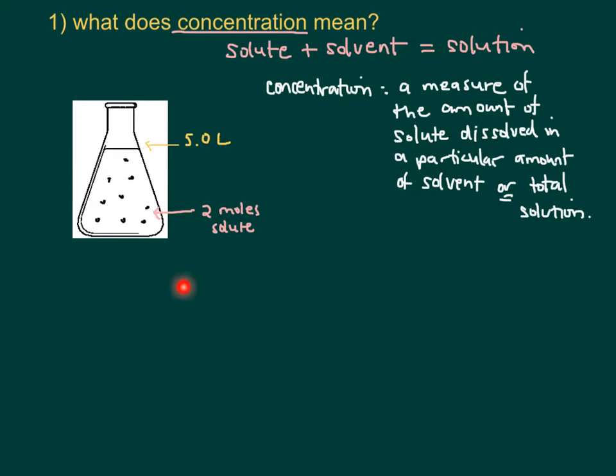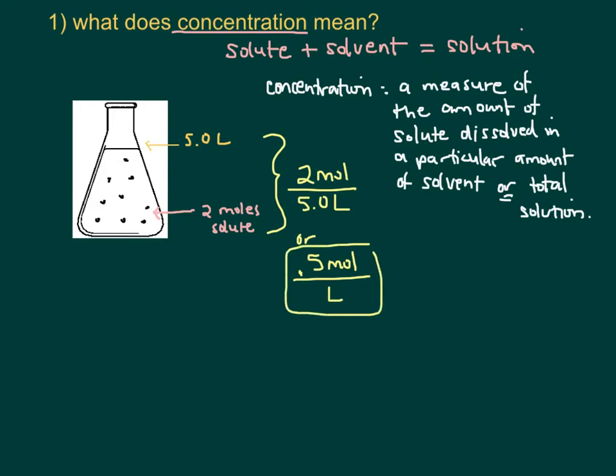Right here I have a picture of a solution, and let's say that solution's total volume is 5 liters. And we know that there are 2 moles of solute in that 5 liters. So we could express the solution's concentration as 2 moles of solute for every 5 liters of solution, or if we work out the math, you could say that's 0.5 moles of solute per liter of solution.